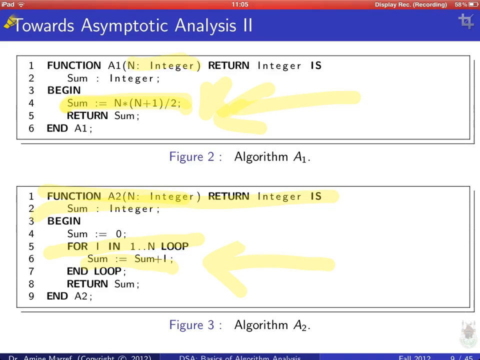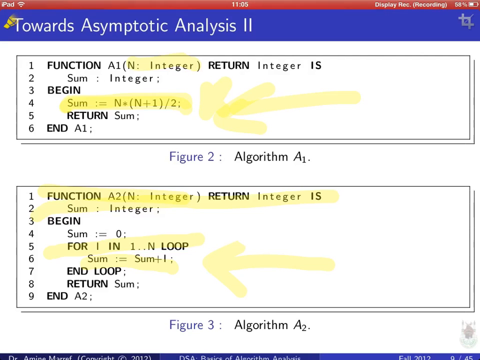So the first is y equals a constant c. Here this is c, and this is y.